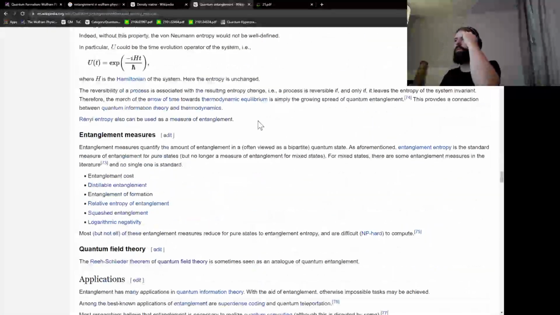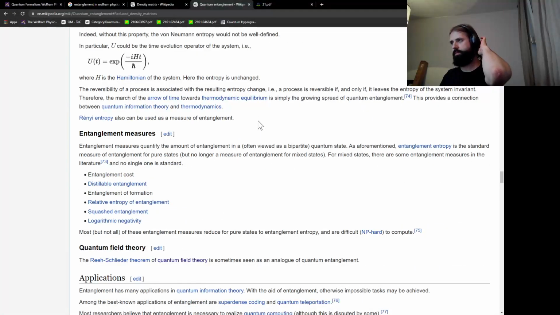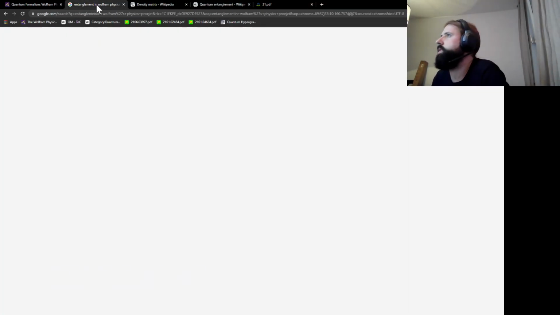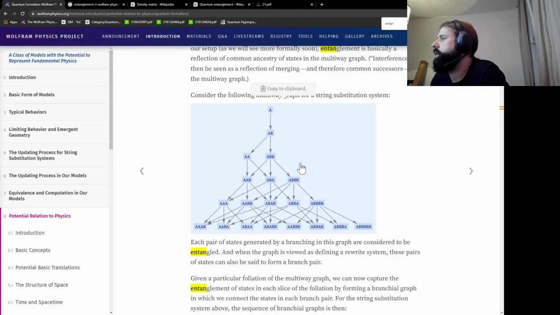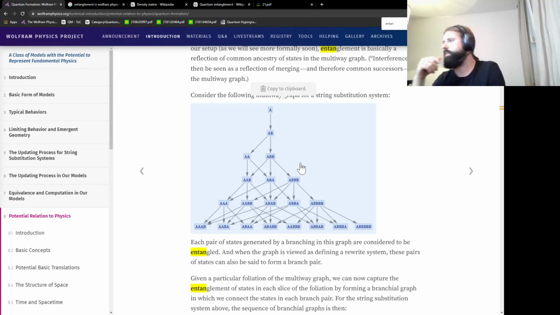Like, I know all this stuff, I think. I just had the hope that this would kind of enlighten me a little bit more in terms of how to model entanglement for ANSYS.